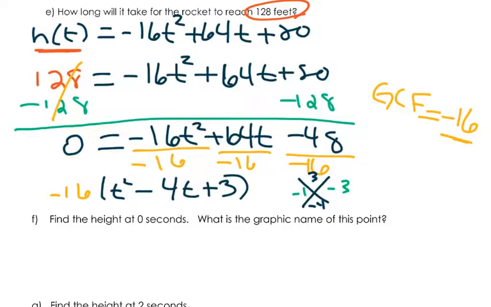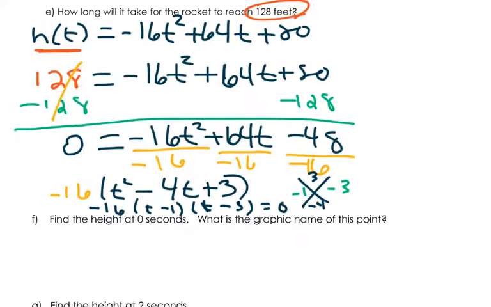And once I do that, I would be left with negative 16 times t minus 1 times t minus 3, and I'm saying this whole thing equals 0. I definitely need more space, so hold on. I move that here.